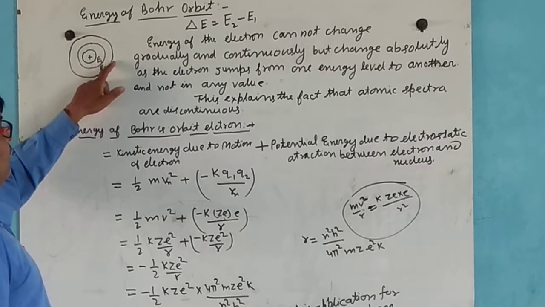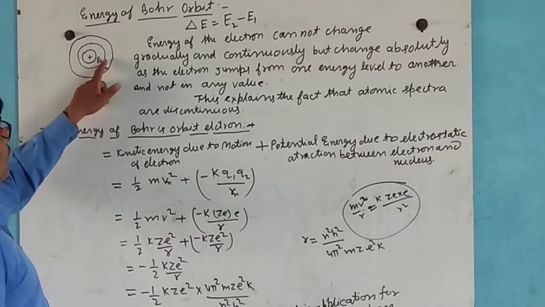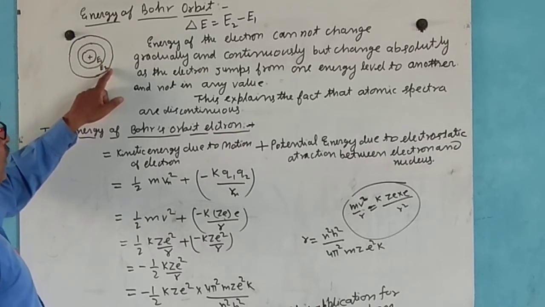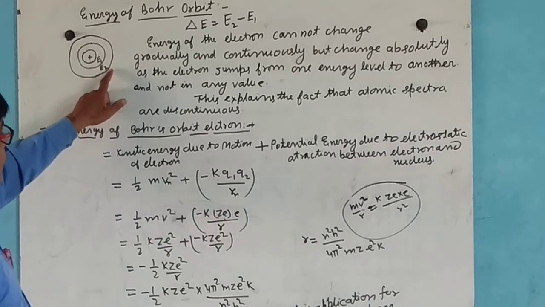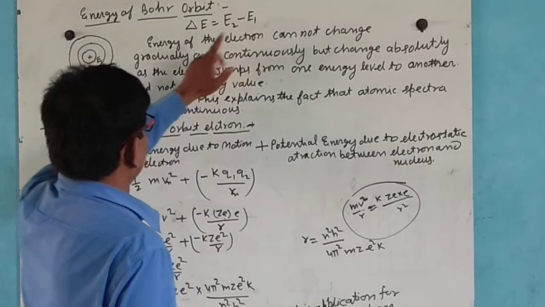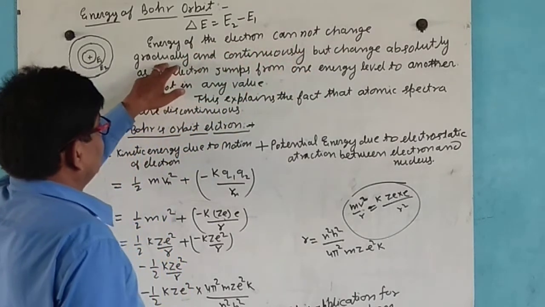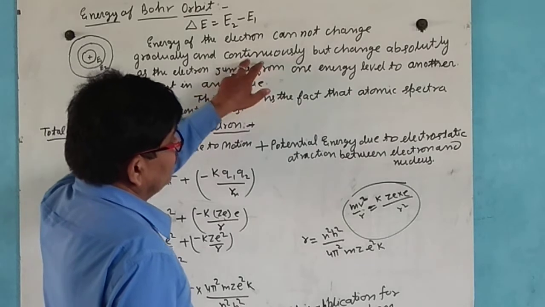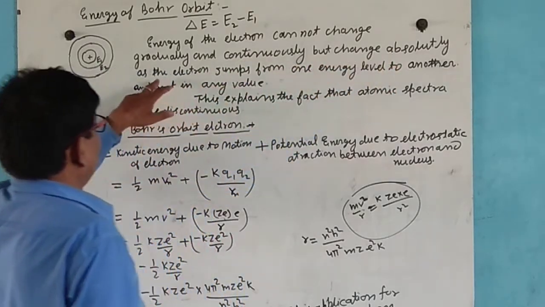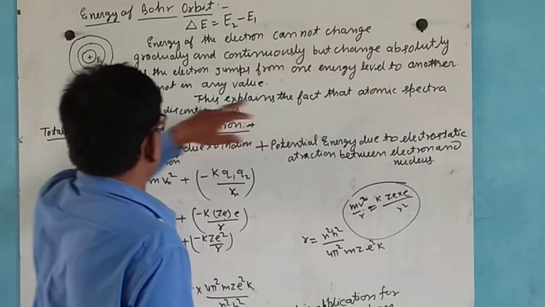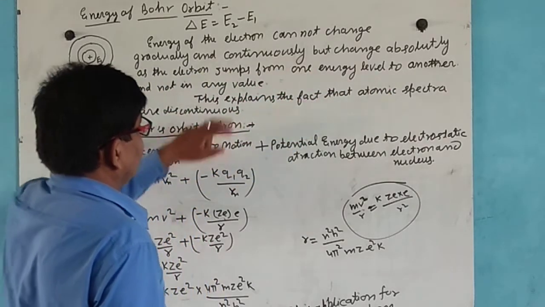This is an orbit, and let us say the energy of this orbit is E1 and this is E2, and energy E2 is greater than energy E1, then delta E equal to E2 minus E1. Energy of the electron cannot change gradually or continuously, but changes absolutely as the electron jumps from one energy level to another and not in any value.